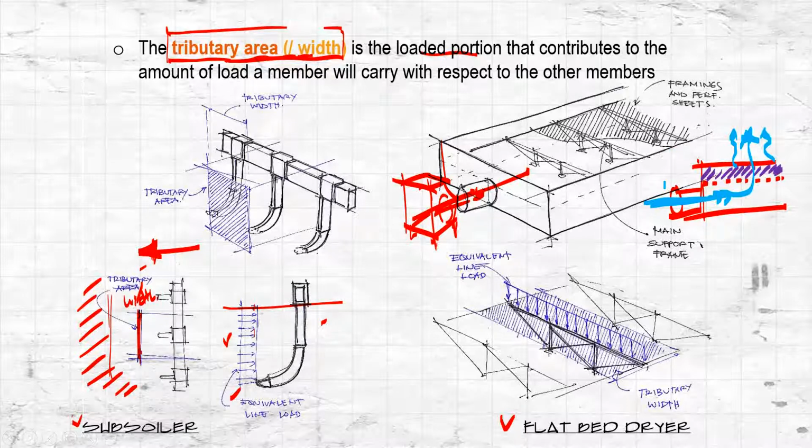This sheet right here must have some structural supports, because how would it be possible to carry this grain bed and the framings without these supports?